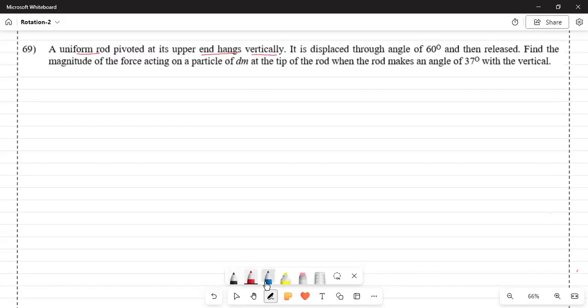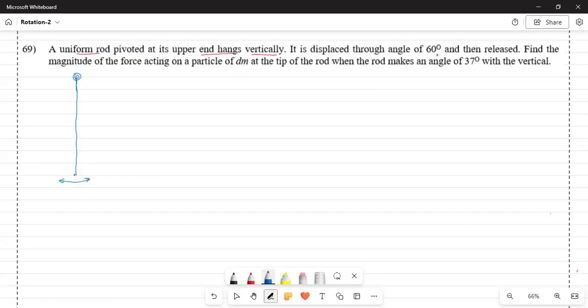So there is a uniform rod, its mass and length are not given. We have to assume its mass, length, etc. This is a uniform rod. The rod is pivoted at its upper end. That means here it is pivoted, so the rod can swing left or right like this.